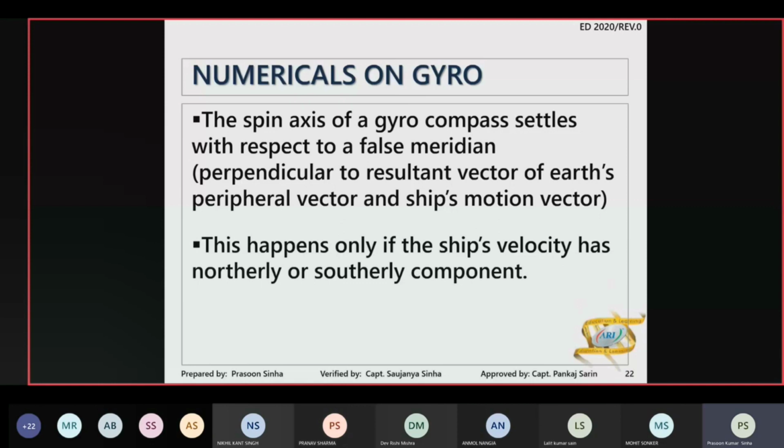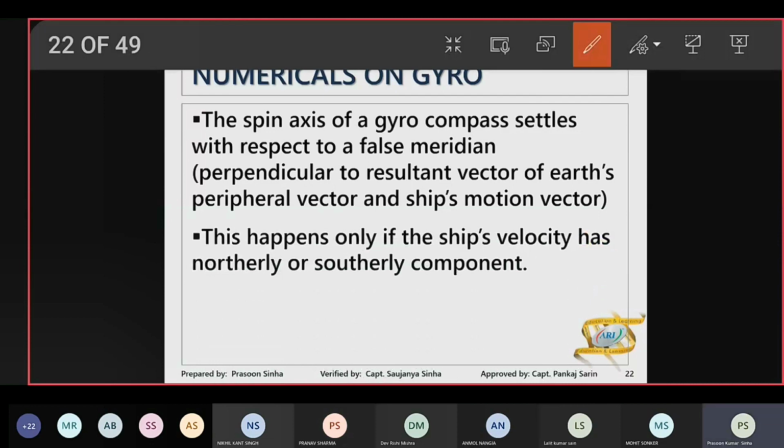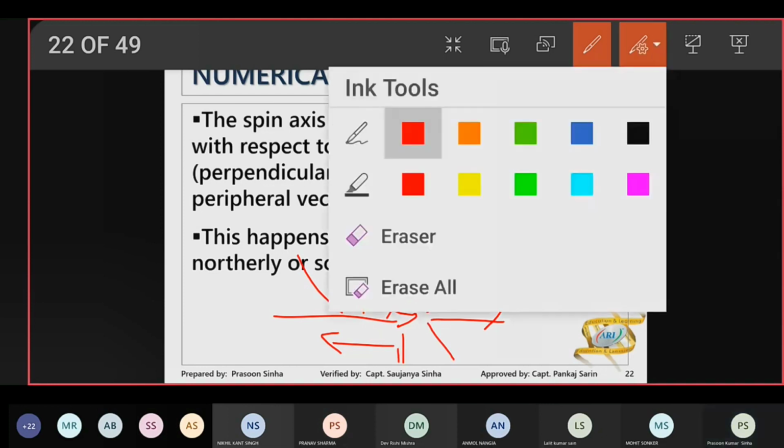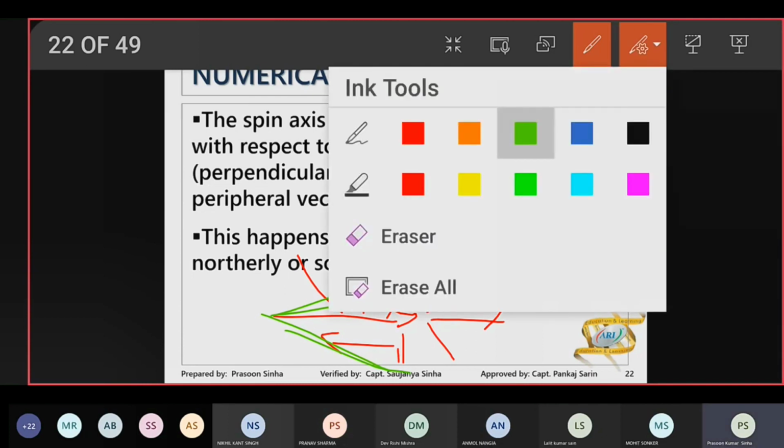On 090 due east and 270 due west, this problem was not there because we only added or subtracted with Earth's vector. अगर अर्थ वेक्टर ये है तो ईस्टर्ली कोर्स में ऐड करते हैं, वेस्टर्ली कोर्स में माइनस करते हैं, बस इतना होता था. बट एनीथिंग नॉर्थ और एनीथिंग साउथ, the resultant used to change. So these are the two conditions in which there is no steaming error, due east and due west.